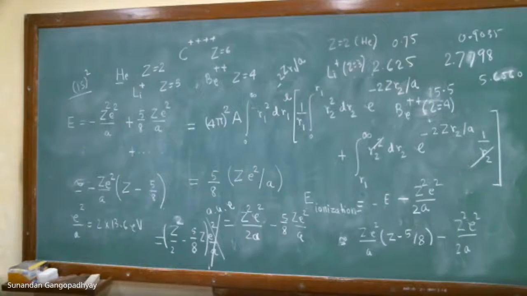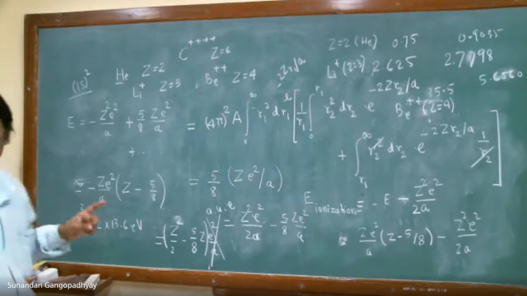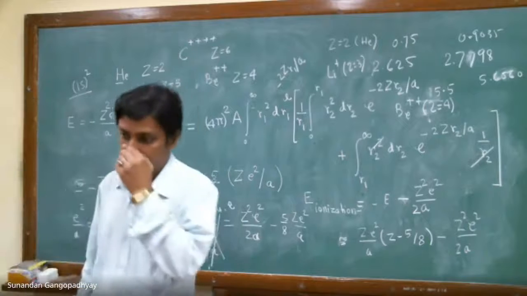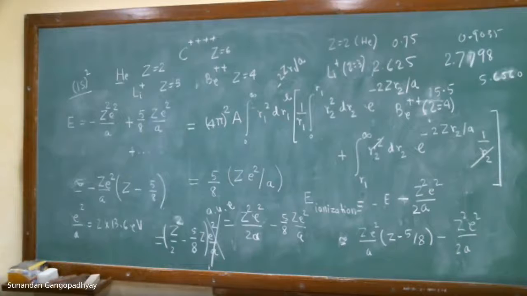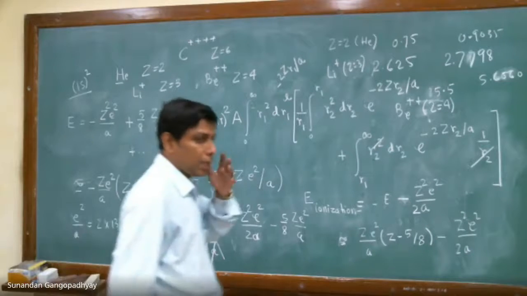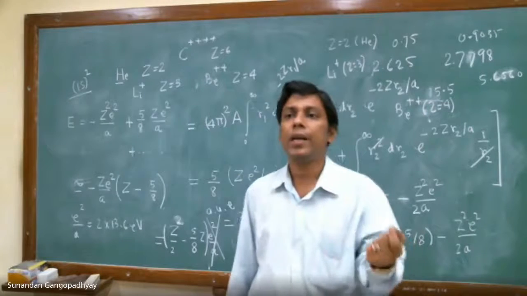The reason for this is quite nice. You can actually understand it by looking at the perturbation. The strength of the perturbation is basically e square by r12, the Coulomb repulsion term. Compare it with the potential energy experienced by an electron.